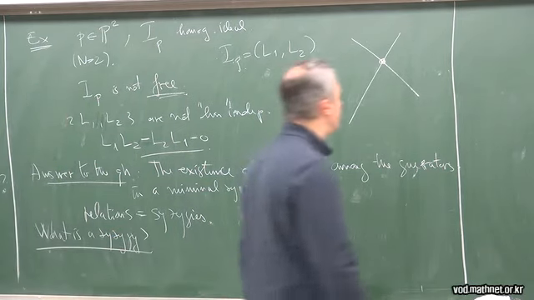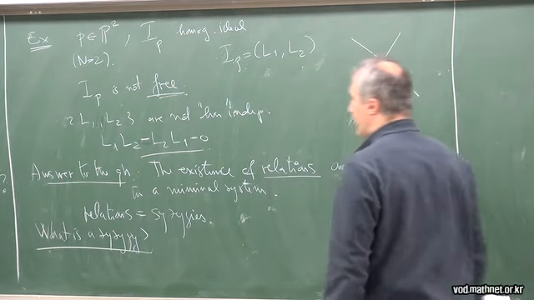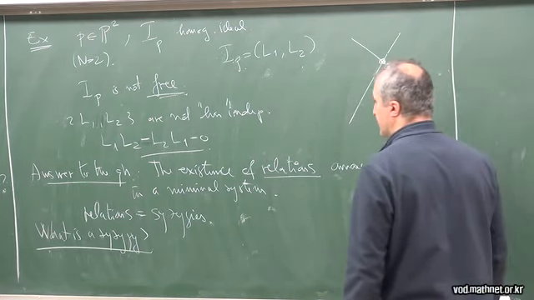Let's come back to the original situation. We have M, a finitely generated graded module.